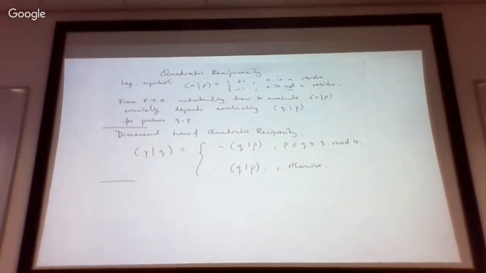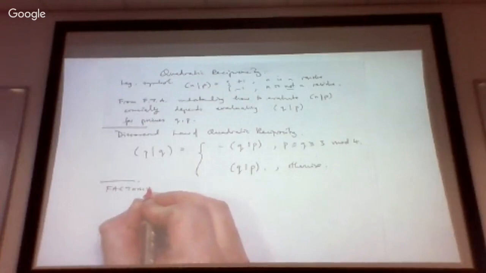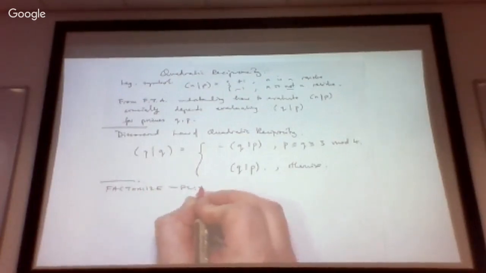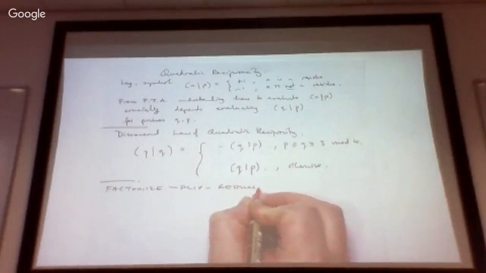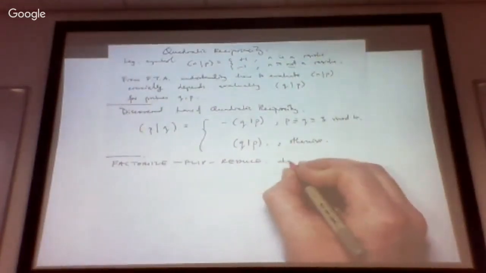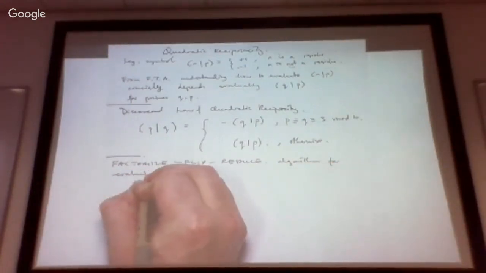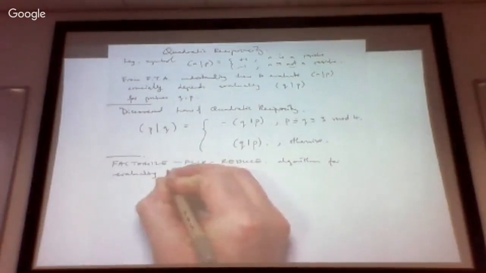The first key application is that from this, we've got an algorithm for calculating arbitrary Legendre symbols. Because we've got this factorize, flip, reduce. I squeezed in a quick example of this at the end of yesterday, but I'll show you another example now just to reiterate the principles. So this is our factorize, flip, reduce algorithm for evaluating the Legendre symbol.